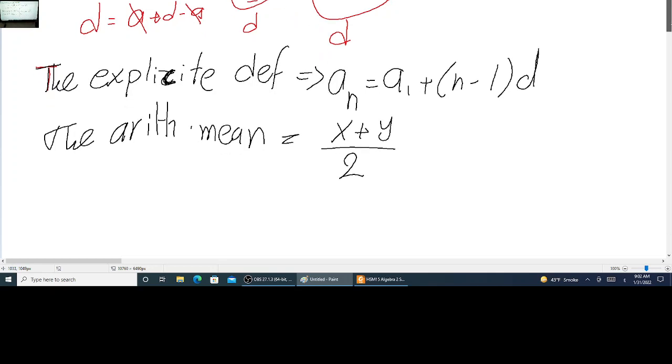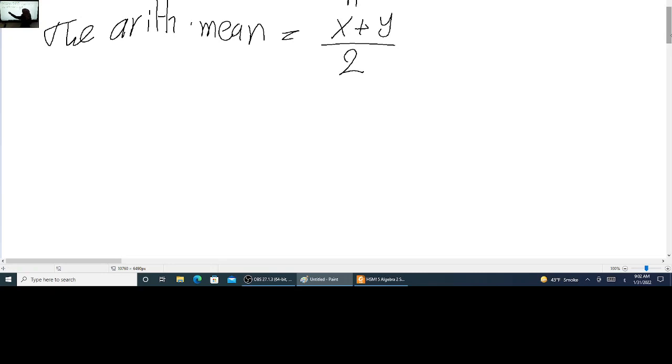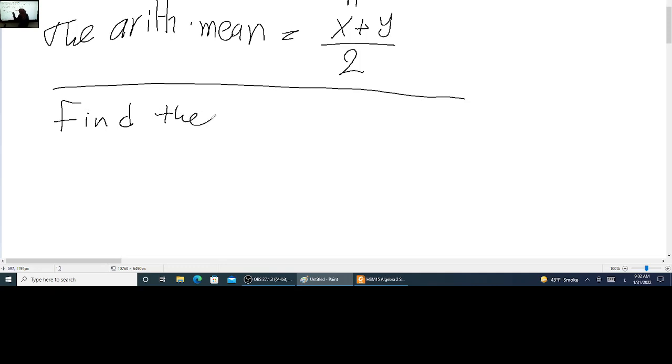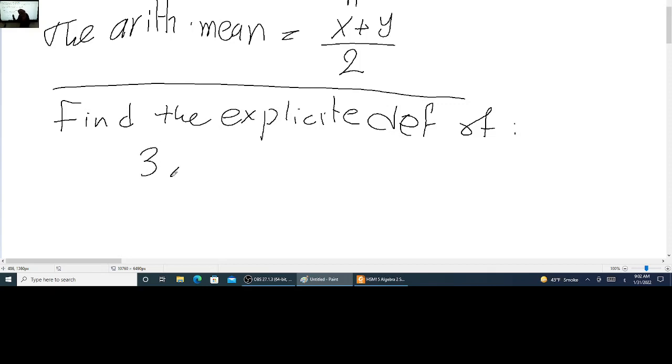Let's do an example. Find the explicit definition of the sequence 3, 6, 9, 12, 15.